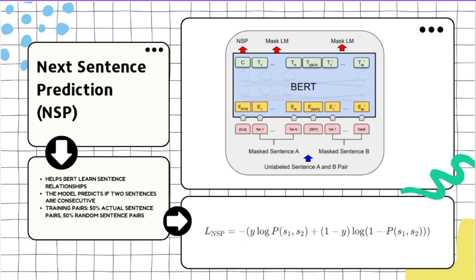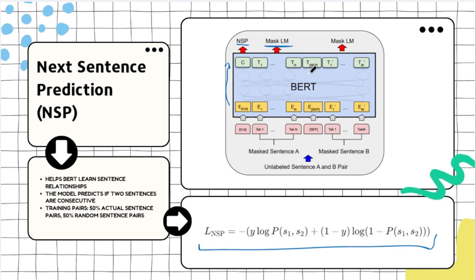So we get a value of 0 or 1, signifying if they are related or not. This formula helps us find that value. As you can see here, the tokens are passed and MLM and NSP are working simultaneously. NSP is telling us if the next sentence is related, and the MLM fills in all the blanks and all the spots that we have.